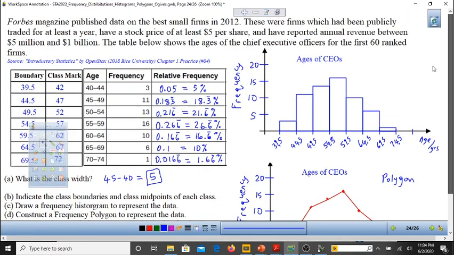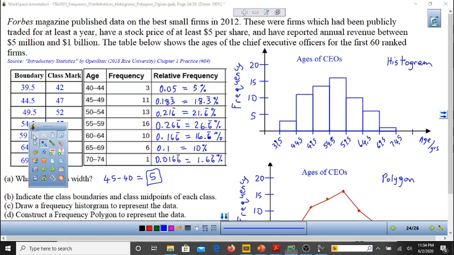And this, of course, is the histogram. And that's what we have. This is the answer to the question so far.